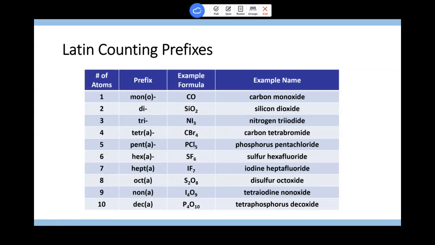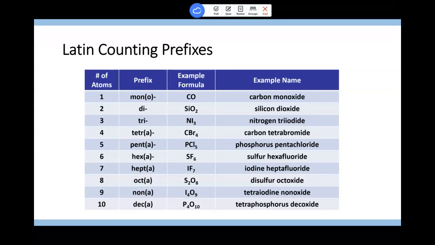So we saw carbon monoxide. The mon part is to communicate that there's one oxygen. Di is for two, so silicon dioxide. We have two oxygens, so we use di. 3 is tri. 4 tetra, 5 penta, 6 hexa, 7 hepta.